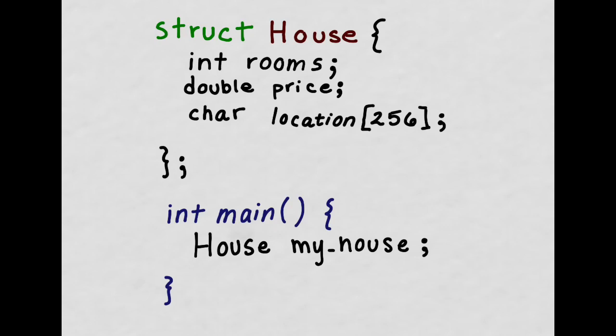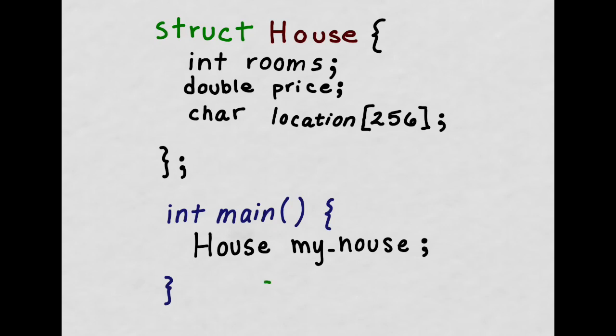Next, we can initialize one of the members of house. So let's say we want the number of rooms to be 5 for my house.